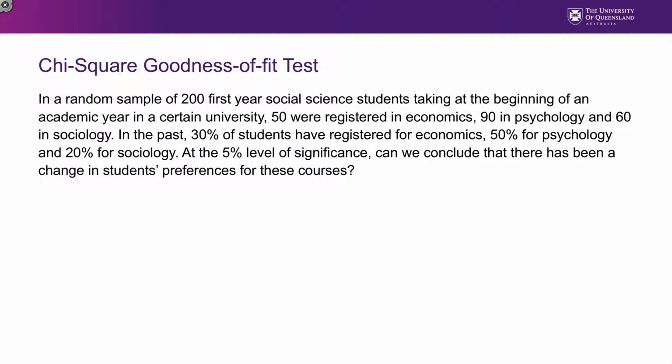In the past, 30% of students have registered for economics, 50% for psychology, and 20% for sociology. At the 5% level of significance, can we conclude that there has been a change in students' preferences for this course?